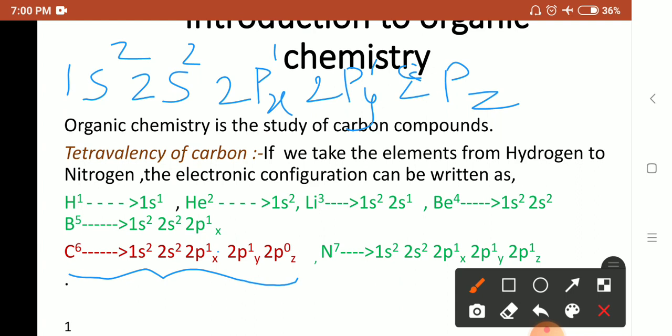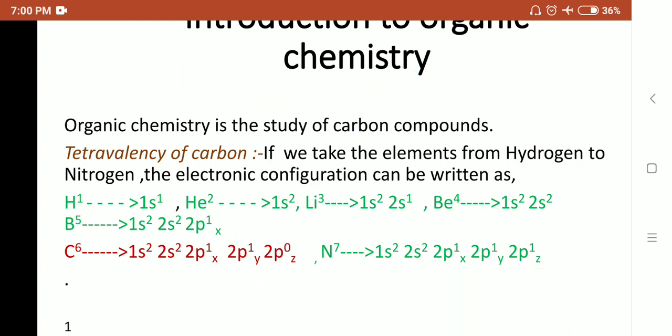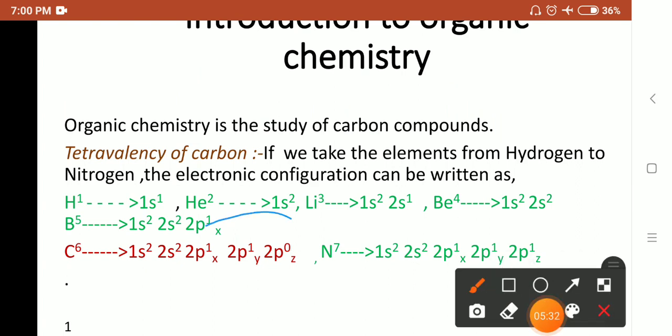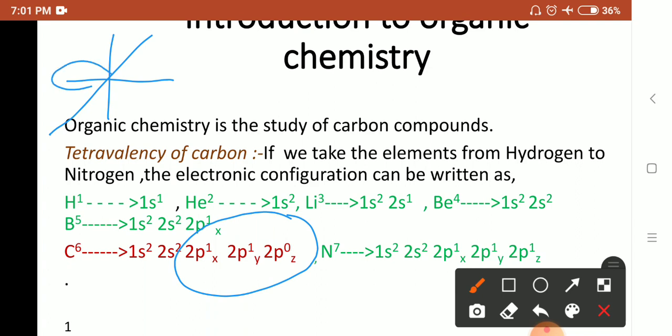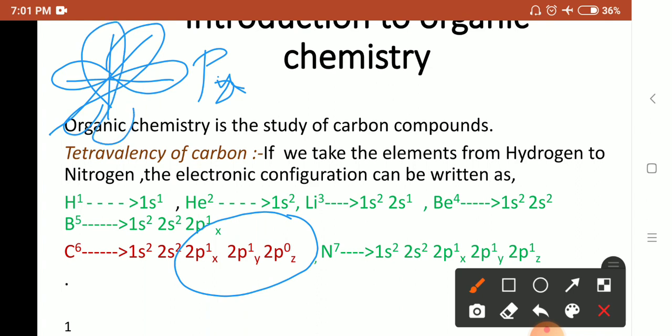It cannot pair in px immediately, because all these p orbitals, px, py, pz, are of the same energy. Only the direction is different. The s orbital has spherical shape, the p orbital has dumbbell shape. Px is along the x axis, then py along the y axis, pz along the z axis.